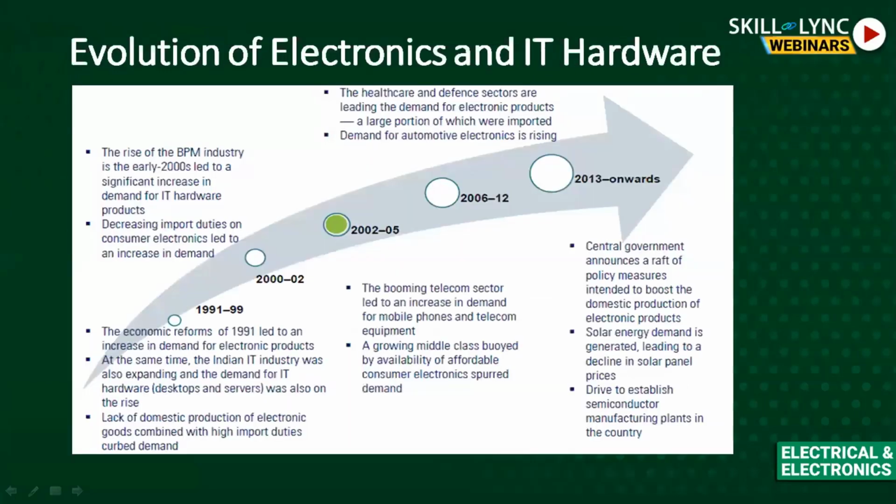Moving on to the next slide, this talks about how we started and where we stand today. As some of us might already know, industrialization started mainly with globalization in the year 1991, which is when the economic reforms started to take place in India, and we had a lot of technology exchange with other countries, where we could get technology support from them to our country and then start building up the products.